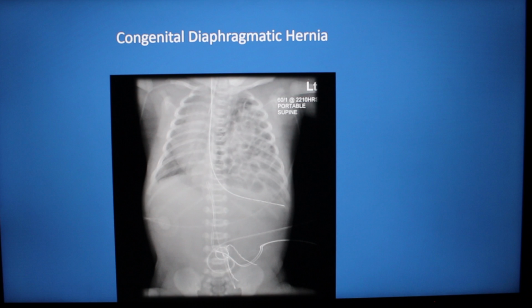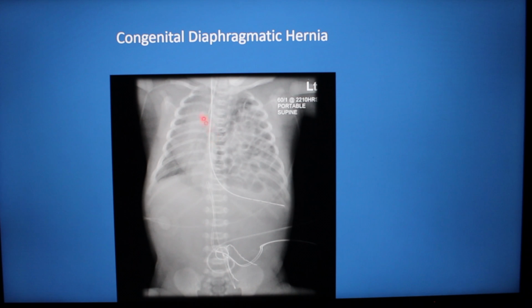So this is a baby that obviously has something dramatically wrong with it, this X-ray. What is all this stuff up here, these little circles? Notice that there is no abdominal gas down here, and that here we have placed an arterial line, but it's way over here on the right side of the body.